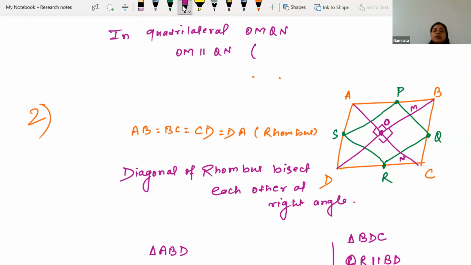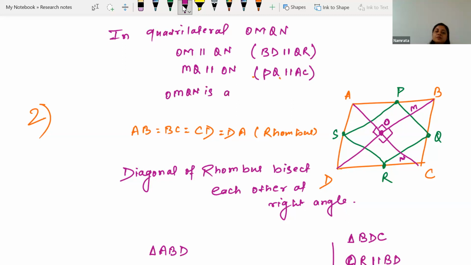Why? Because part of a parallel line is also parallel, since BD was already parallel to QR. And here we can also say MQ will be parallel to ON, because again by the midpoint theorem, parts of parallel lines will be parallel to each other. Since PQ was parallel to AC, these two will also be parallel. Right, Arya? Right, everyone? Yes, ma'am. So we can say OMQN is a parallelogram.